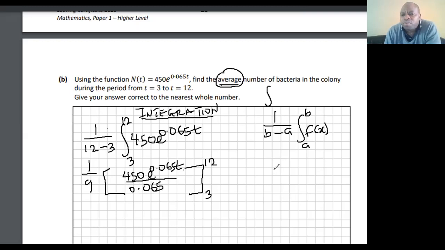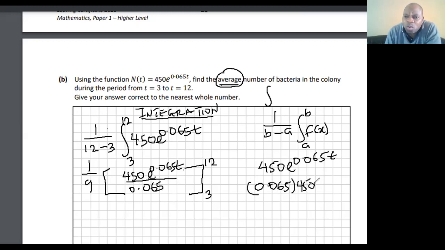For example, now let's assume that you want to differentiate this, 450 exponential 0.065t. If you are differentiating this, you should bring this power to the front, 0.065, and let it multiply the whole thing.